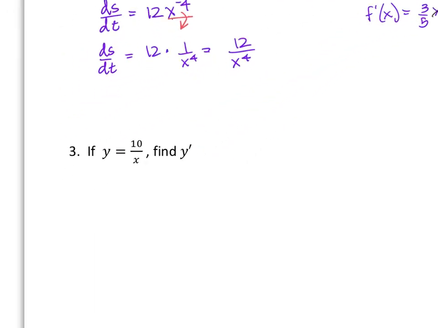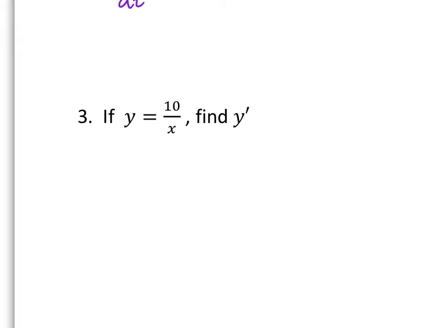All right, example number 3. Here we go. This x to the 1 needs to move up to the numerator. And what do our exponent properties tell us to do? That would be a -1. So in this case, the y prime, or the derivative, we're multiplying it by the 10, the coefficient in front, and subtracting 1.